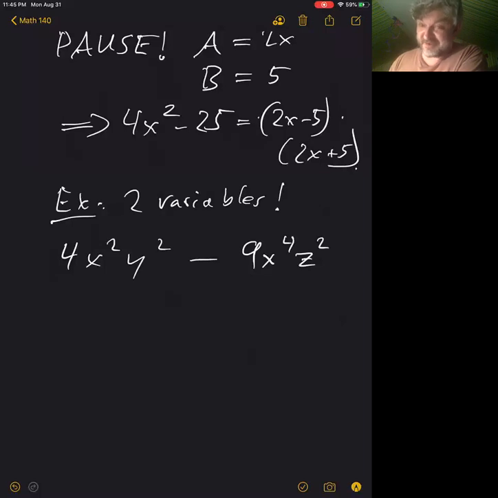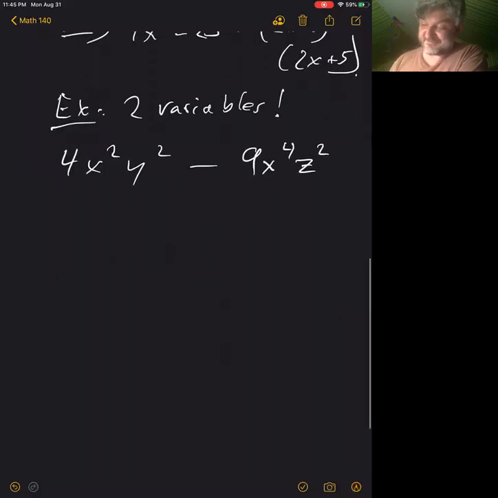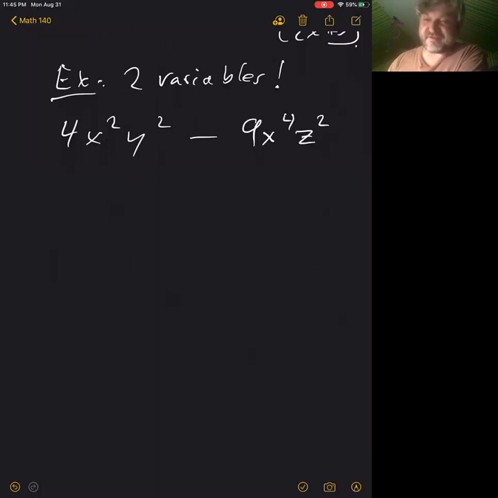Wow, 3 variables, can we handle it? We just need to find an a and a b so that the first one is a squared and the second one is b squared, okay?